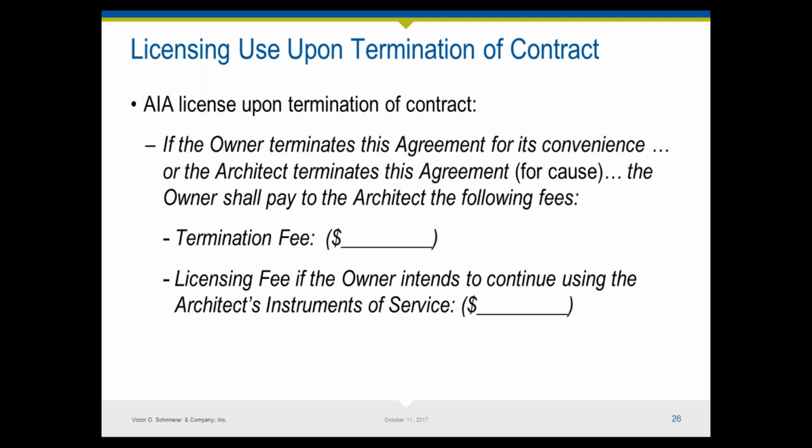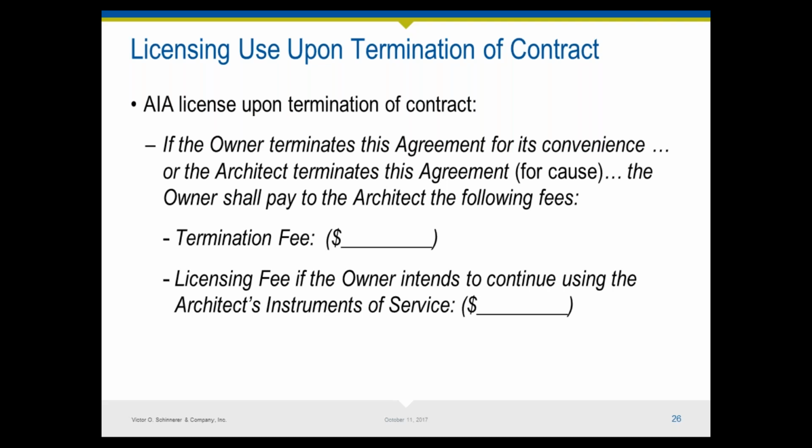The idea is that in the past, there used to be termination costs that the owner was supposed to pay. Owners usually scratch that out of the contract right away. The most they would pay you is for the reimbursables you paid for and the services you provided up to the time of termination, not paying your lost profits, not paying those other commercial losses that you might have.